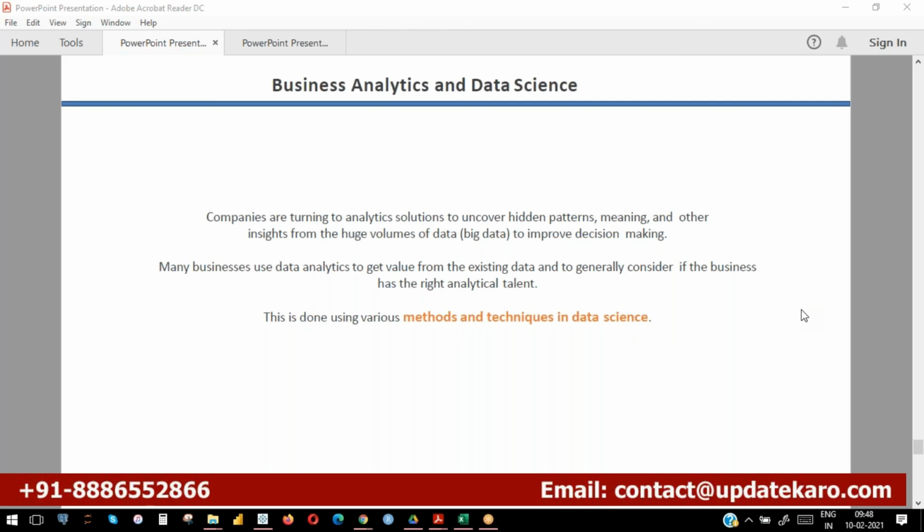So this is done using, right, storing and analyzing data to effectively extract useful information, right? You're right, Purnima. So how is this done? This is done through methods and techniques in data science, right?